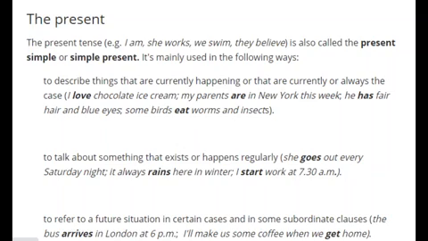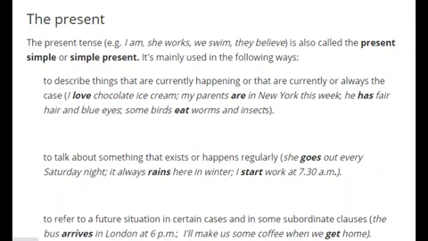Why do we use the present tense? To describe things that are currently, that means now, happening, or that are currently or always the case. Suppose, see these sentences. I love chocolate ice cream. My parents are in New York this week.